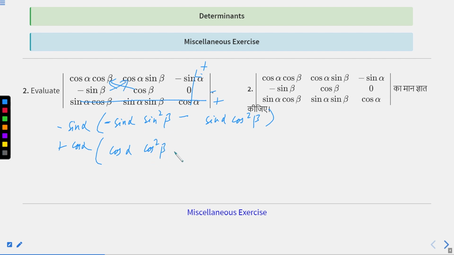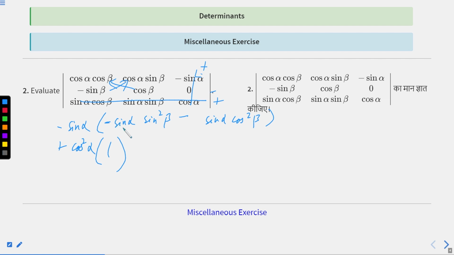Now multiplied with this, minus minus plus, cos alpha sin square beta. Now take cos alpha common. So taking cos alpha common, you will have cos square alpha here, and cos square beta plus sin square beta will give you 1.